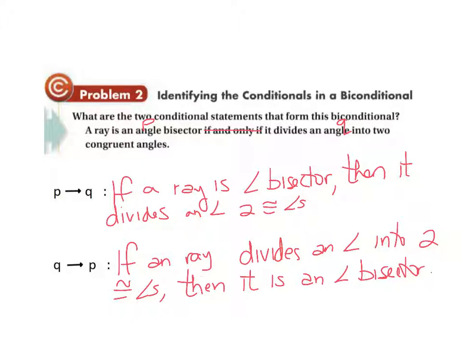Okay, I'm envisioning that, it cuts it into two congruent angles, then that would have to be an angle bisector. Yes, it works both ways. So that's all a biconditional is doing, is showing that it works both directions. It's true both ways.